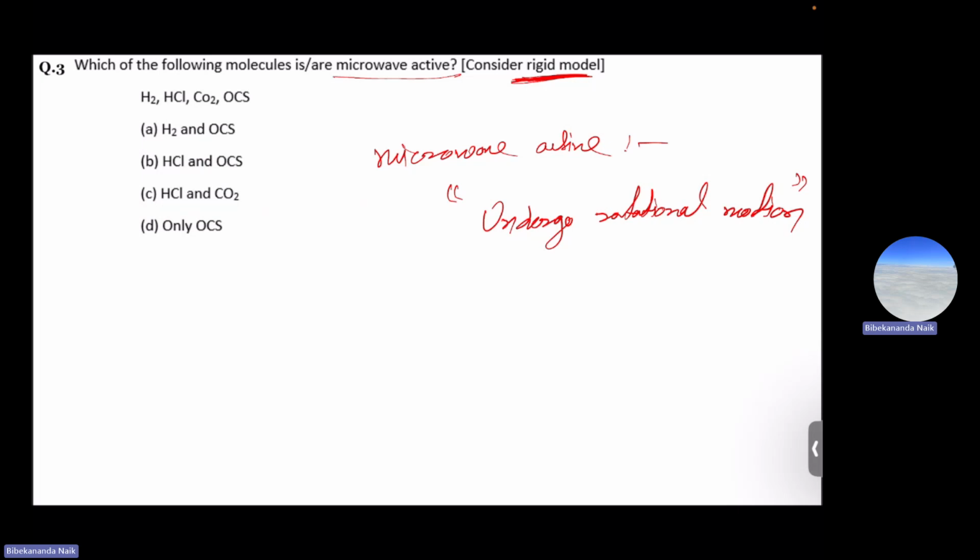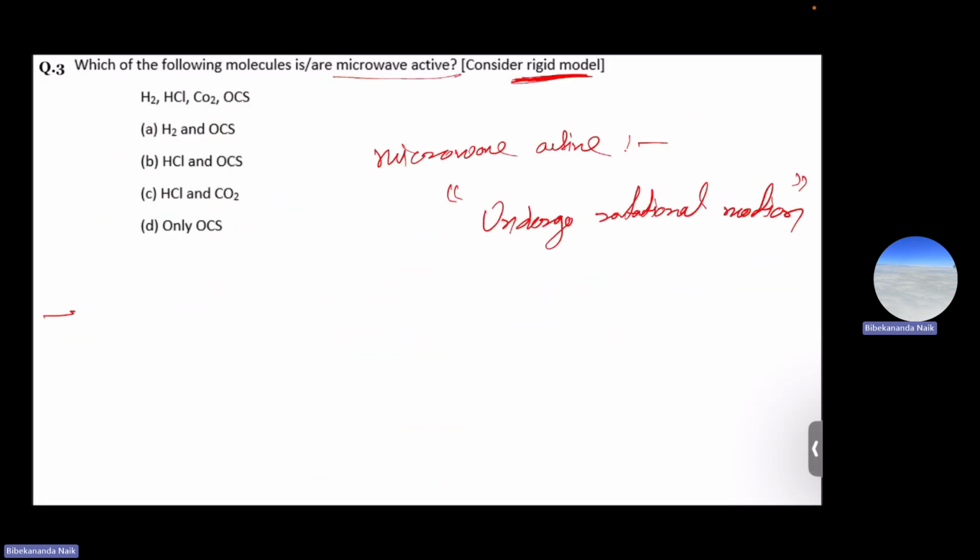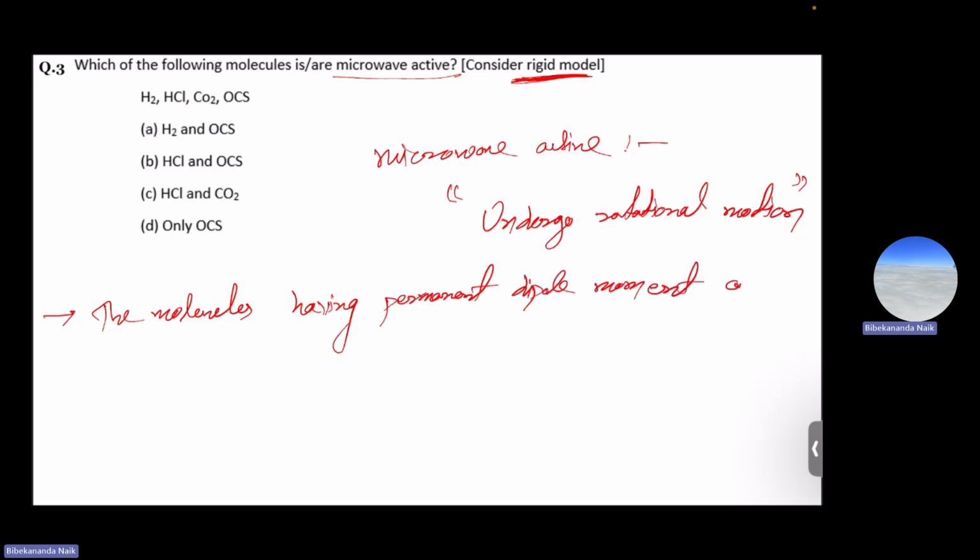So now let's consider the molecules. What we can write: the molecules having permanent dipole moment are called microwave active.